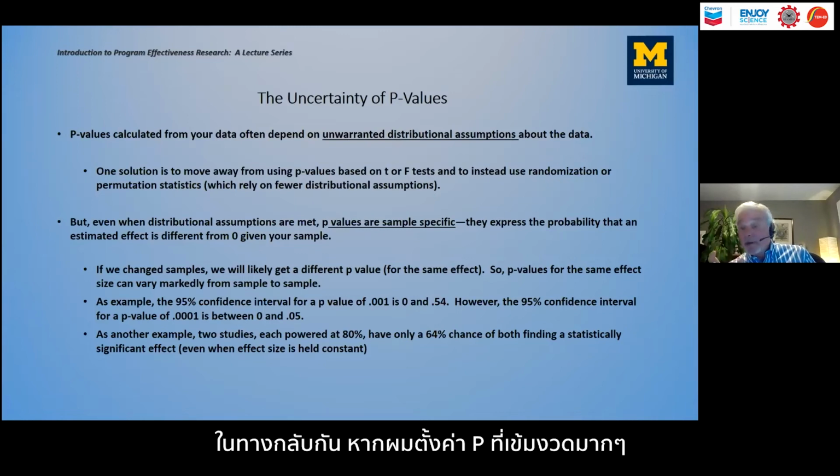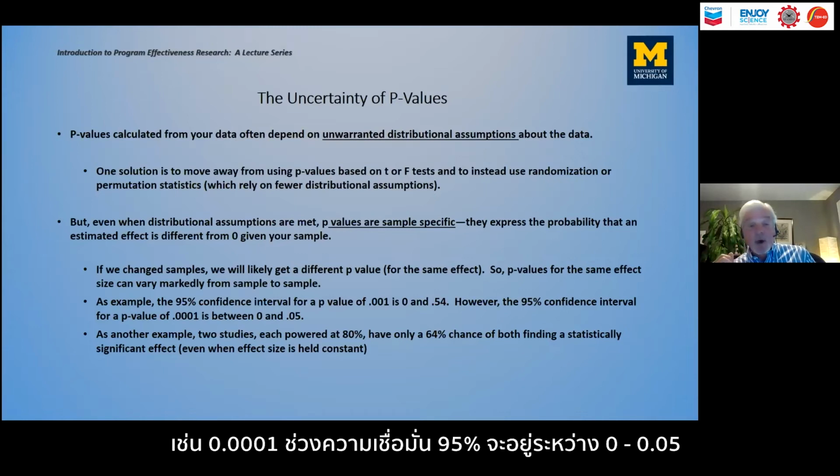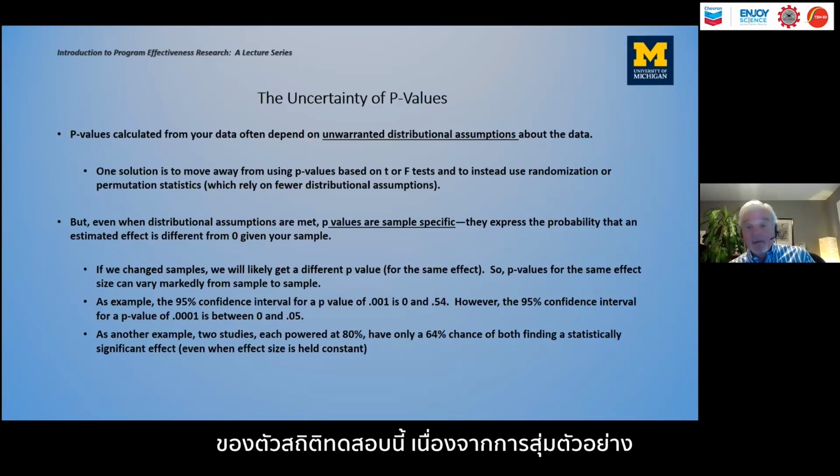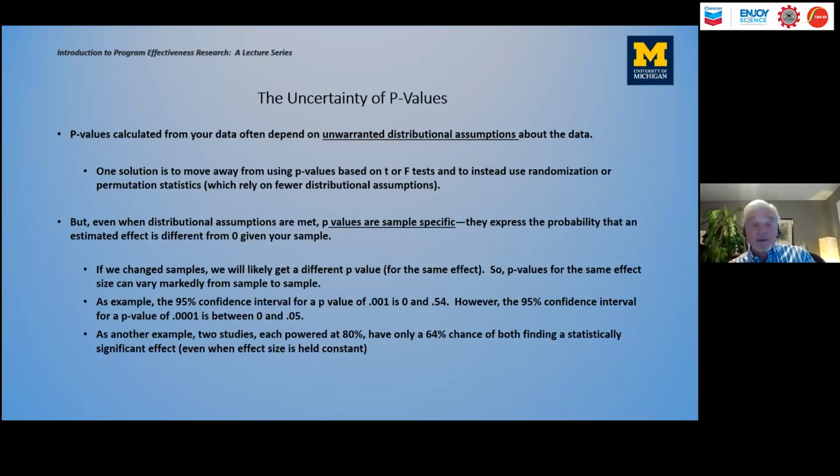On the other hand, if I set a very stringent p-value, say 0.0001, then the 95% confidence interval is between 0 and 0.05, and that's a much more tolerable level of uncertainty of this test statistic due to sampling.